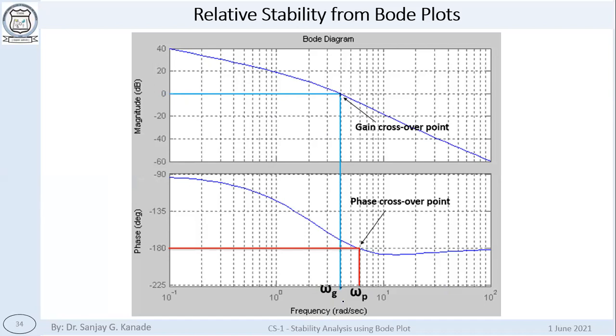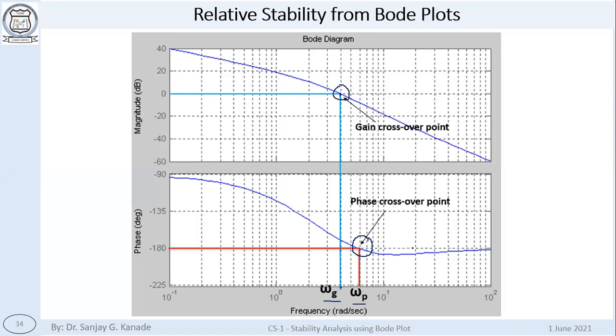Sometimes it is denoted as only omega G; both representations you can find. The point where the phase plot intersects the minus 180 degree line is called the phase crossover frequency omega PC. This is the gain crossover point, and that is the phase crossover point.